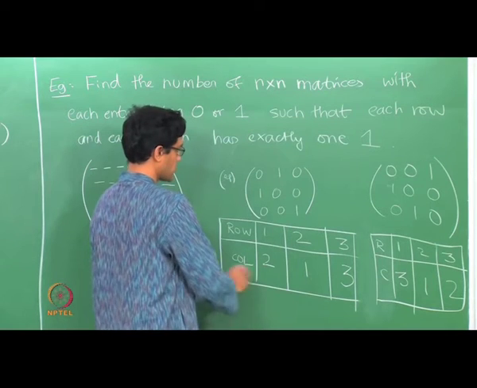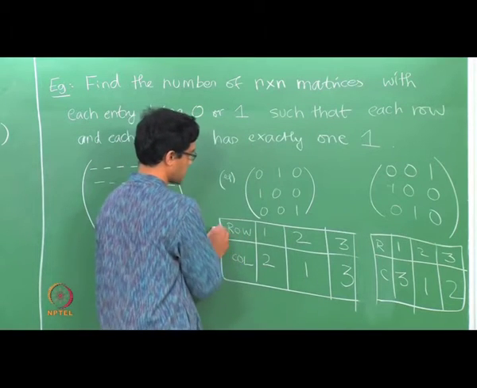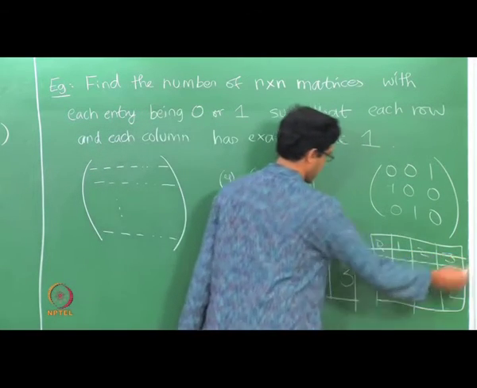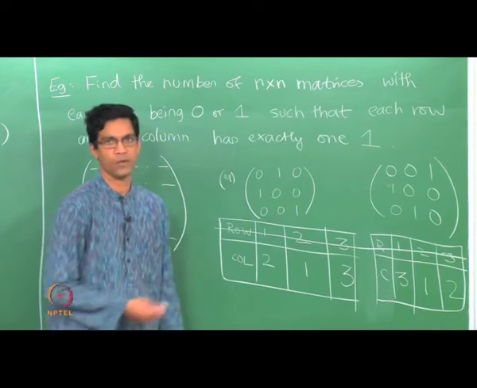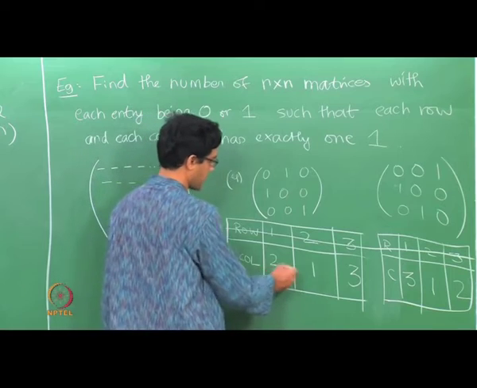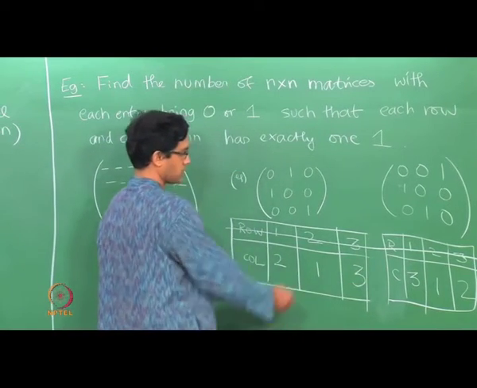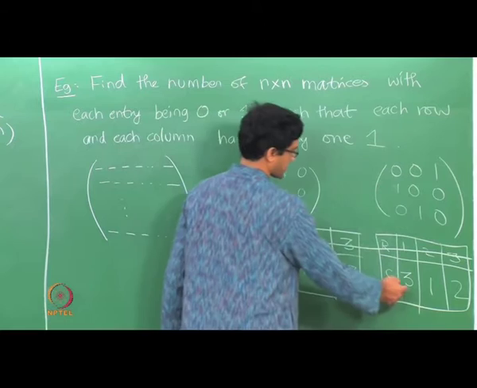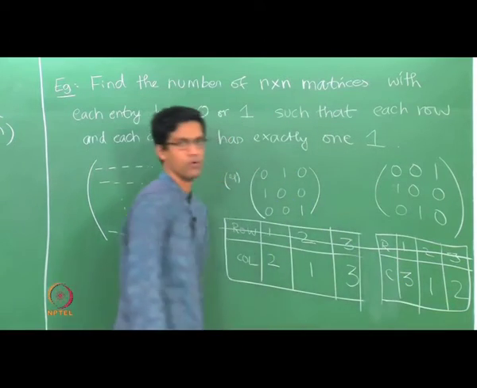So if you just see that the first thing is the same, so let us for now delete this piece of information, it is always going to be 1 2 3. This matrix is really encoded by this sequence here 2 1 3, and similarly this matrix here is encoded by the sequence 3 1 2, and so on.